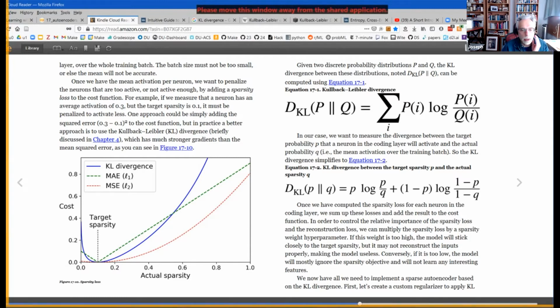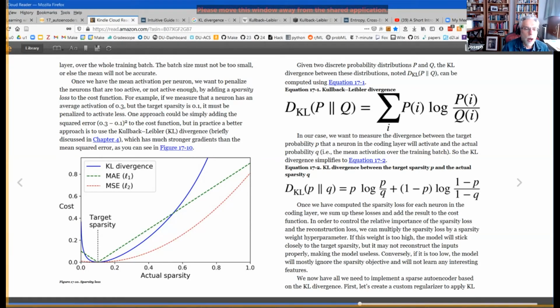So that's kind of useless. And conversely, if it's too low, then the model will mostly ignore the sparsity objective and will not learn any interesting features. So we've all seen that before, where you introduce a regularization parameter to control how much regularization we want.